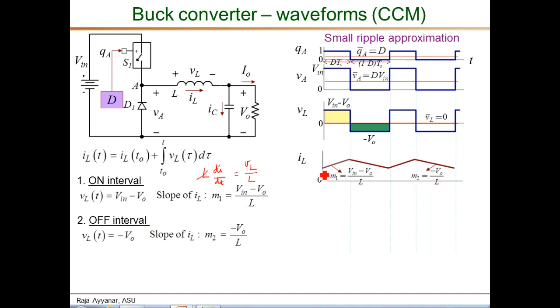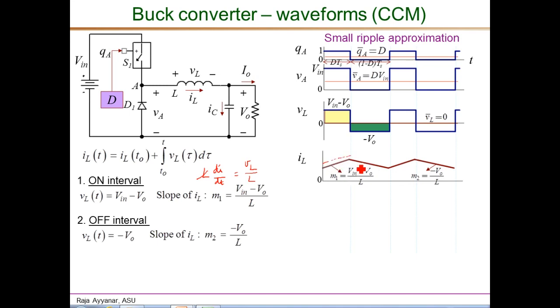But it is important to note that this is not unique. This is not the only possible waveform for the inductor current. The wave shape is unique. It is rising at this slope, it's falling at this slope, so that is unique. But depending on the starting value of the inductor current at the start of the cycle, we can have many different curves, a family of inductor current waveforms.